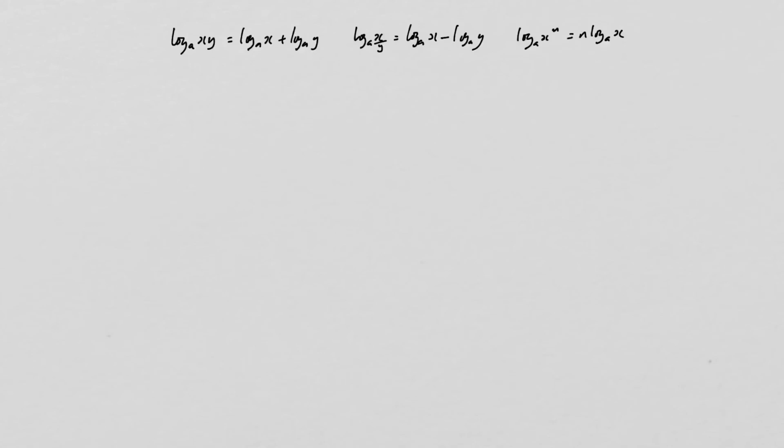Now, for those of you who struggle with this, the first thing to remember is that what the proof relies on is moving into an area that you are already hopefully comfortable with, which is indices.